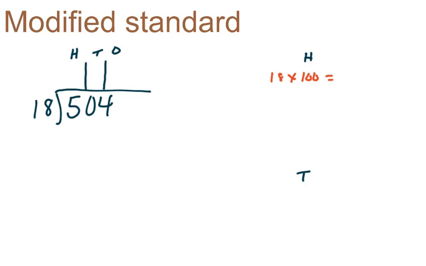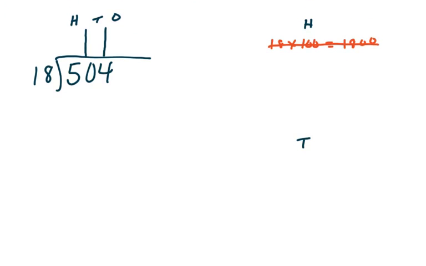And remember, we're trying to see if or how can we put 100 into 18 groups. So 18 times 100 is 1,800, which is greater than our dividend. So that means that using our hundreds place will not work. So we're going to go ahead and cross this out, and we're going to go to using our tens place.